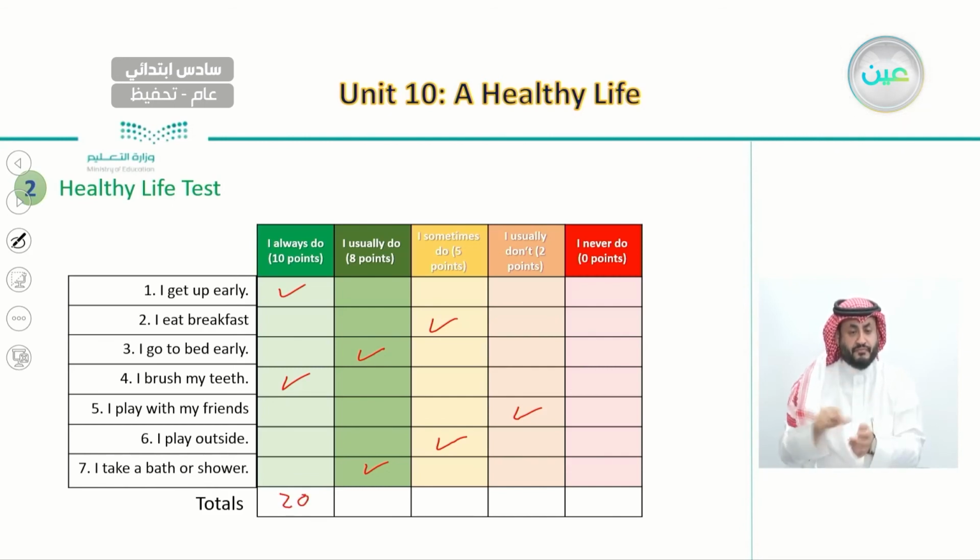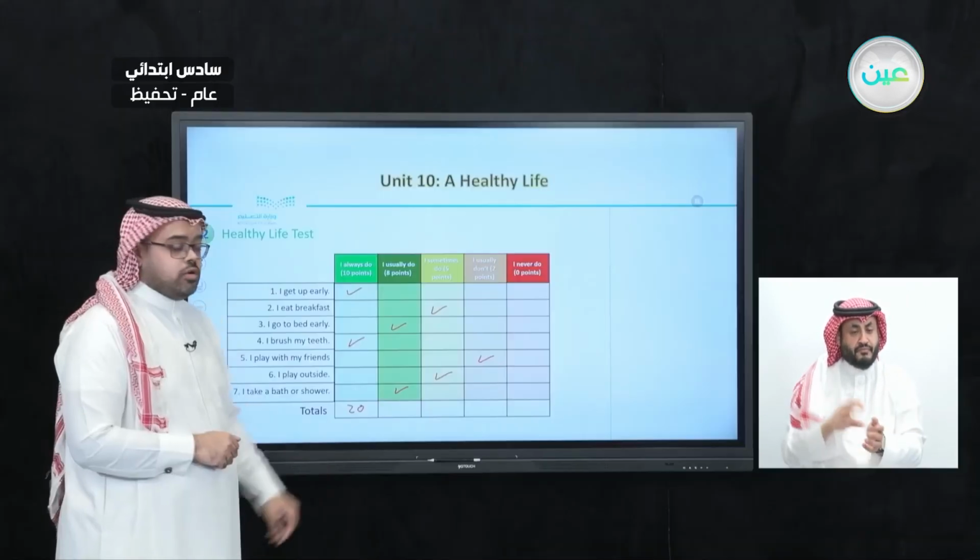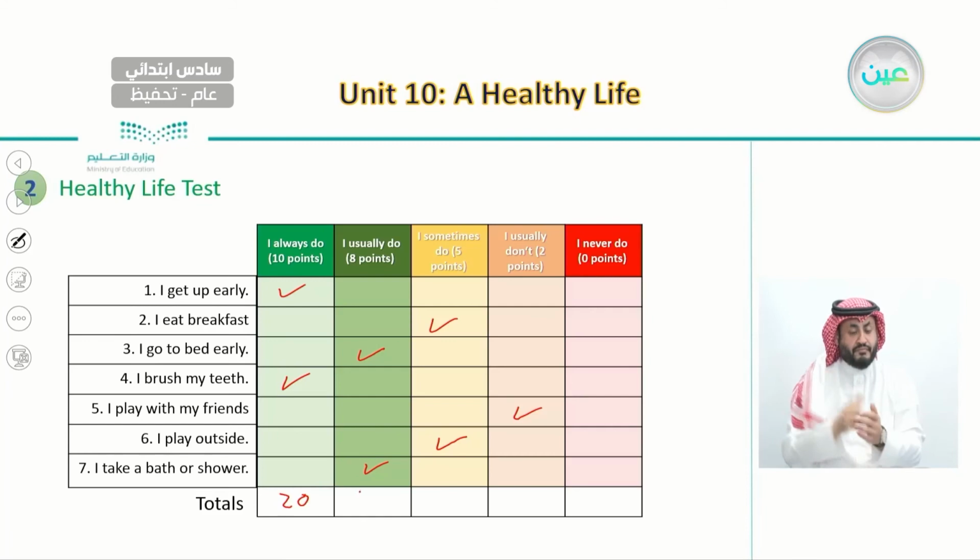And the next one, here we have 8 points and another 8 points, then here we'll have 16 points. And next, here when we say, I sometimes do these activities, then that will leave us with 10 points. And finally, here we have only 2 points. So as you can see here we have 20 points, 30 points, 40 points. Here we have 48 points.